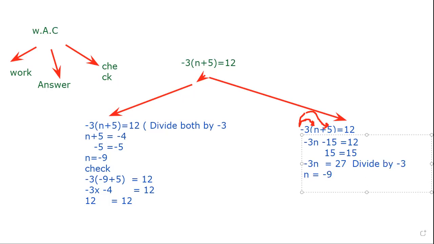Yes, and then we can check our answer like the last time. Check our answer, then it will be 12 and 12. So this is how we can solve the question by using the distributing method, or you can answer by dividing both sides by the coefficient before the variable.